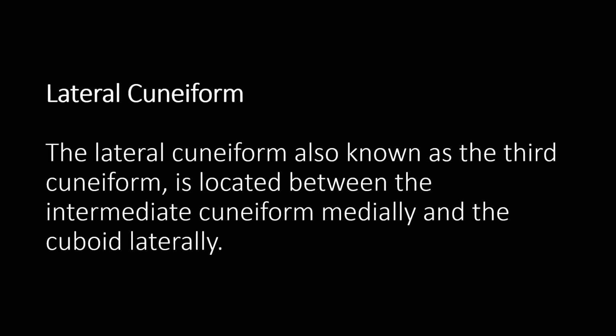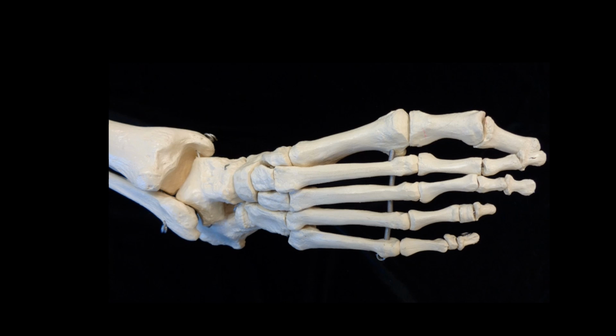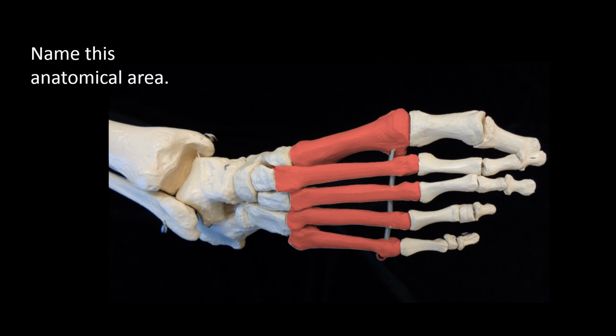Lateral cuneiform. The lateral cuneiform, also known as the third cuneiform, is located between the intermediate cuneiform medially and the cuboid laterally. Name this anatomical area.